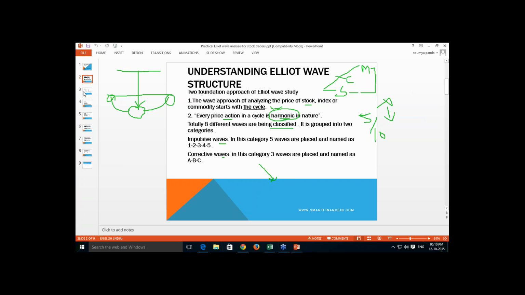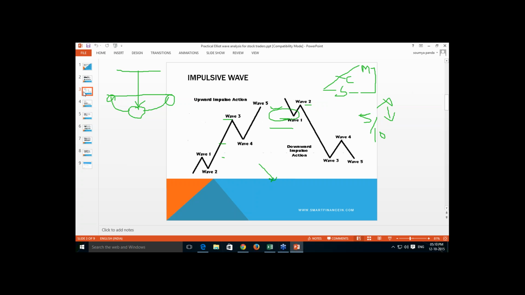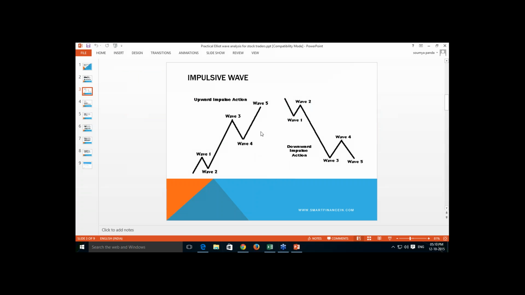Then he also gave A, B, C. Whenever the upward or downward impulsive action takes place, it will have wave 1, followed by wave 2, wave 3, wave 4 and wave 5. Out of this impulsive wave pattern, wave 5 is the longest wave, and when it happens in a downward trajectory, in the same way wave 3 is the longest wave.